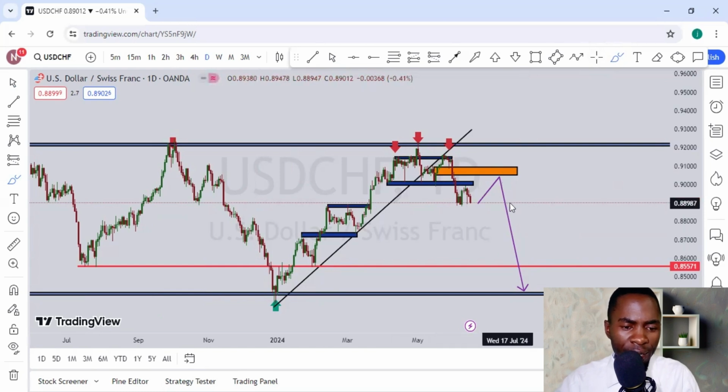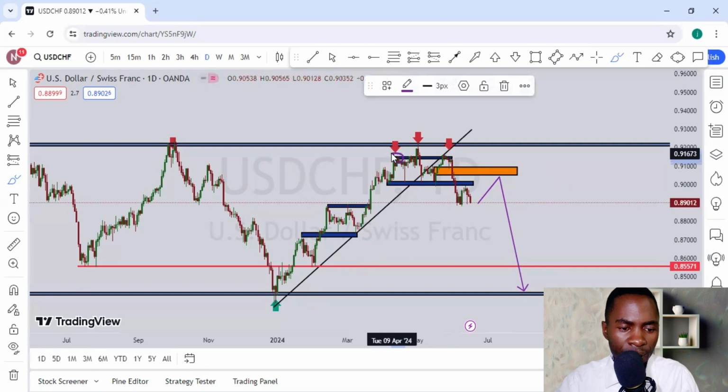But again, if you look from a distance, we have a shoulder here, a head here, and another shoulder here. And this is the neckline. The market broke the neckline, as you can see very clearly, and retested the neckline, and now is starting to move to the downside.